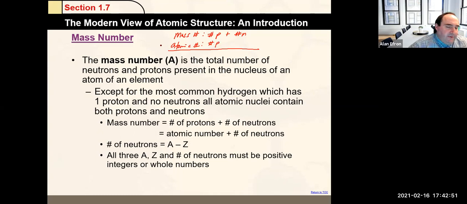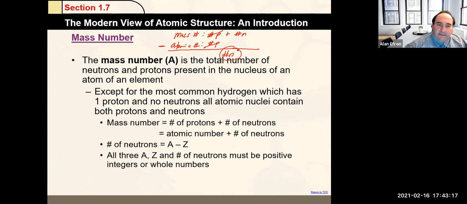And why the mass number is important is that if you take the mass number minus the atomic number, the protons will cancel, and that will give you the number of neutrons. So we can figure out the number of neutrons present by taking the mass number minus the atomic number.